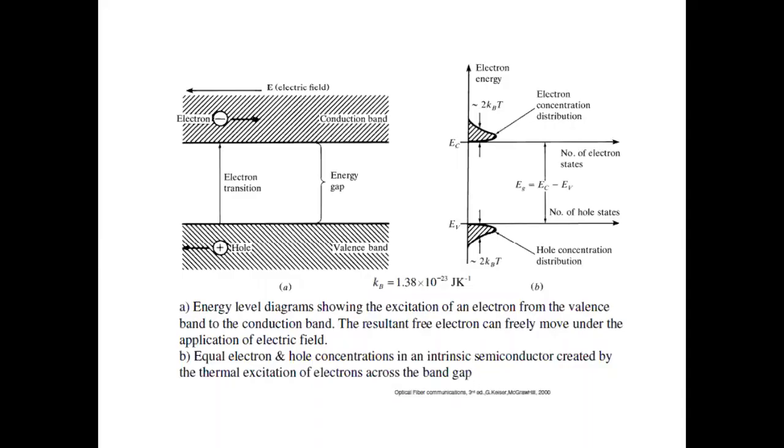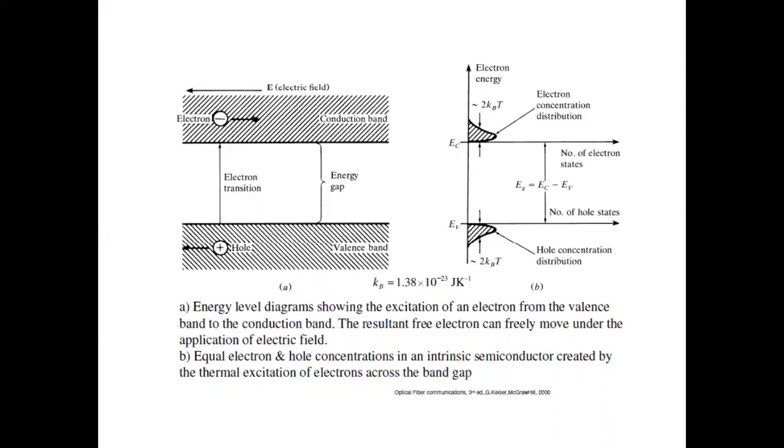This diagram is more familiar, and many books go through this kind of diagram so that things are easier to understand for students. It's an energy level diagram, showing the excitation of an electron from the valence band to the conduction band.